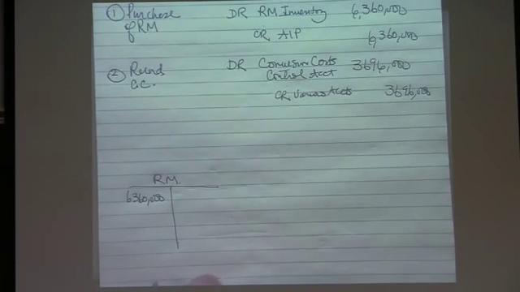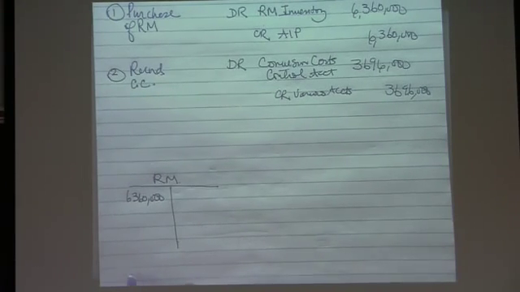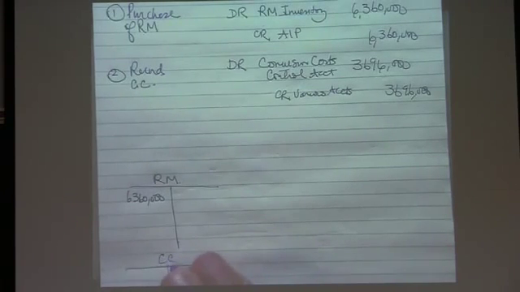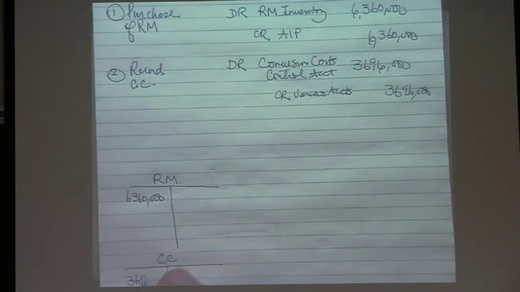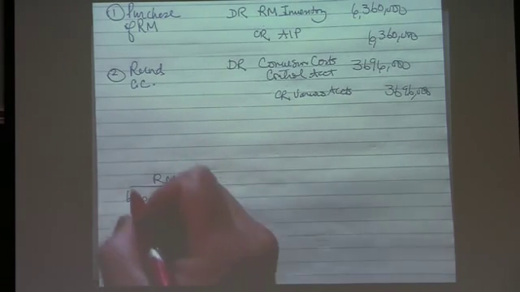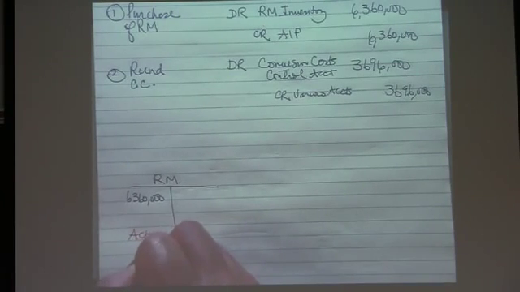And I'm also going to have a conversion T account here. And I'm going to debit 3696. So normally the debits are actuals. So this is the actual side.